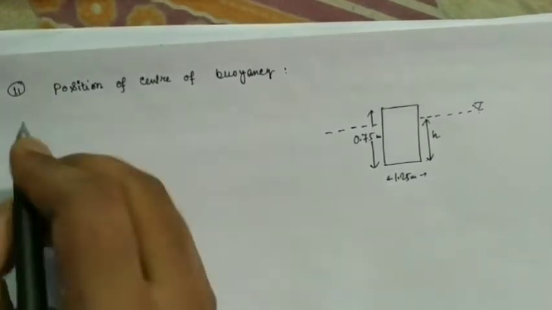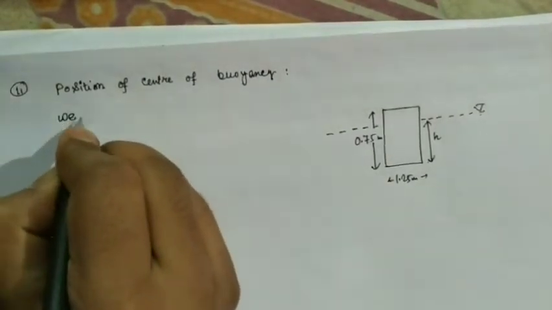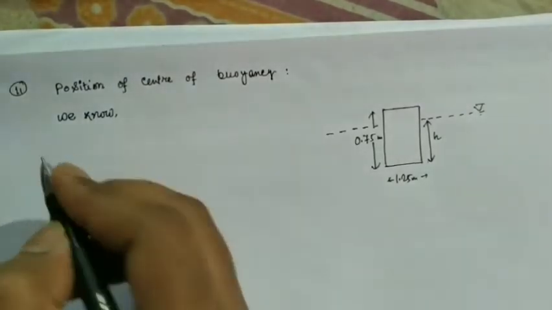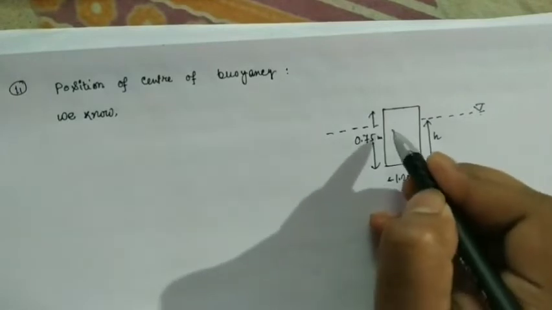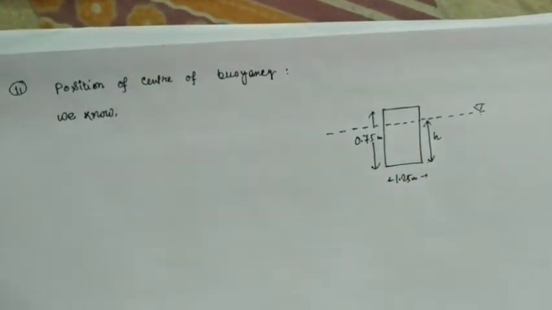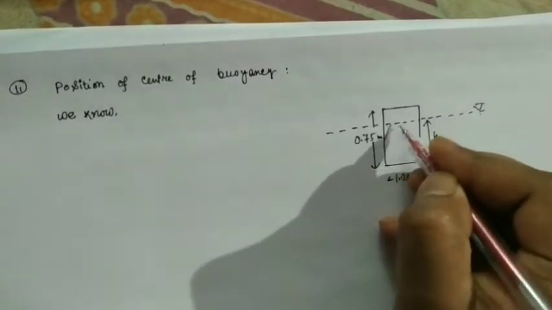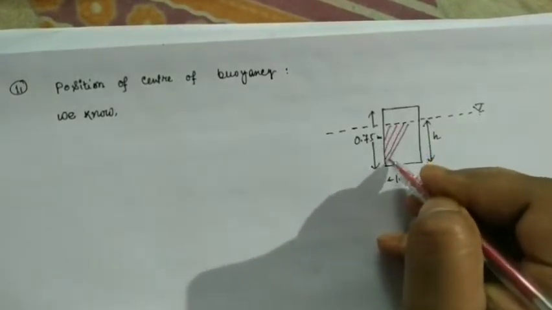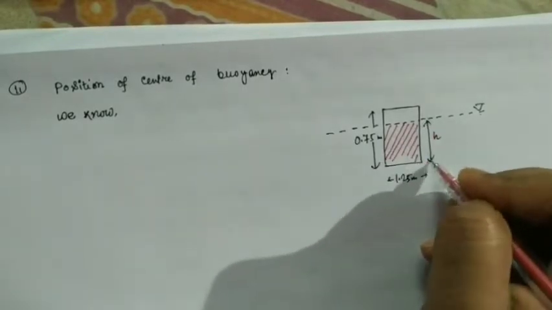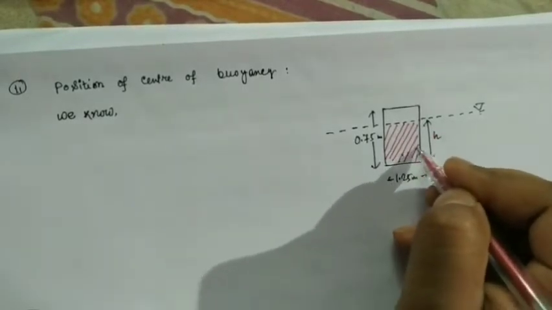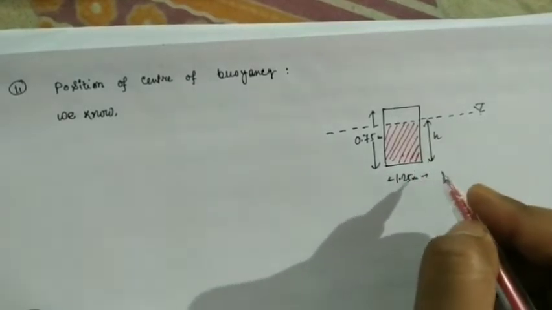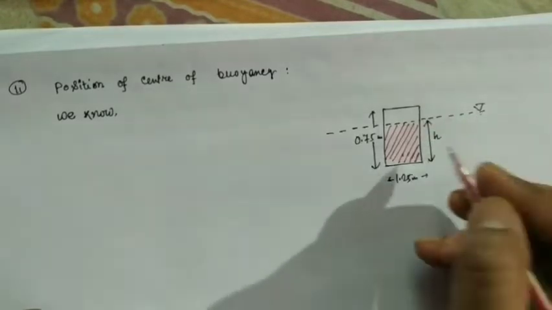So we know the volume of the wooden block in water, that means this portion of volume which is in water. I am assuming that H height of the body is in water, so the volume of the body which is in water will be equal to the volume of water displaced.